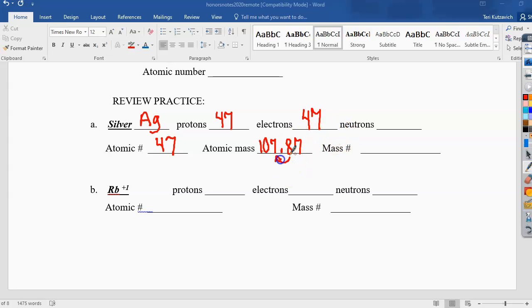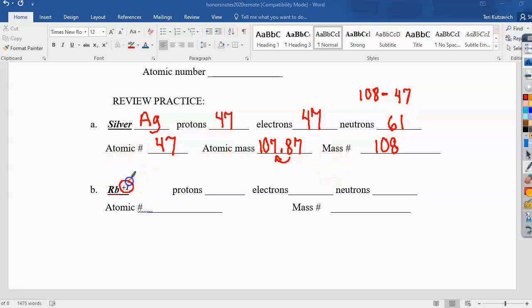The mass number is 108, because you take the atomic mass and you round it to a whole number. To get the neutrons, it would be the mass number, which is 108, minus the atomic number of 47. 108 minus 47 is 61.